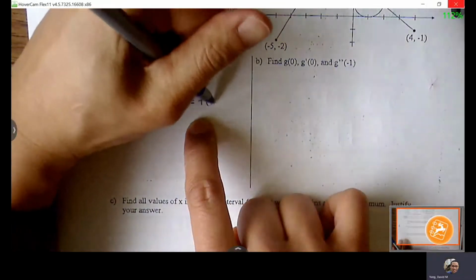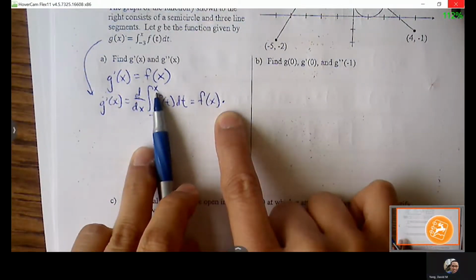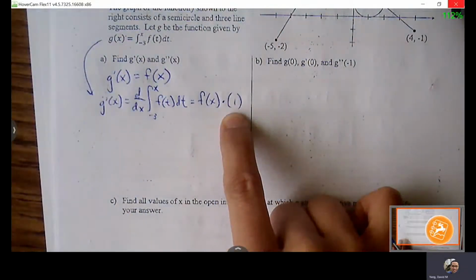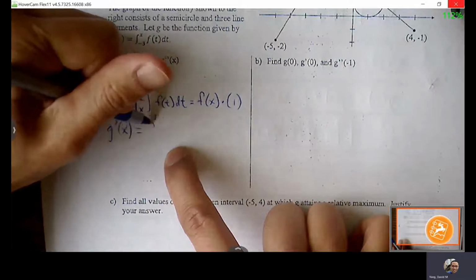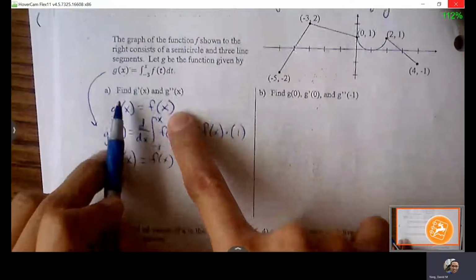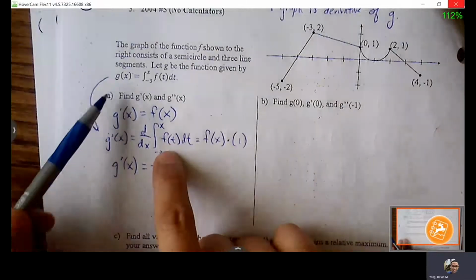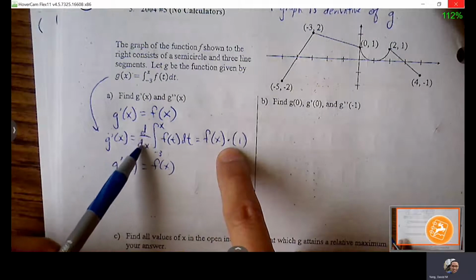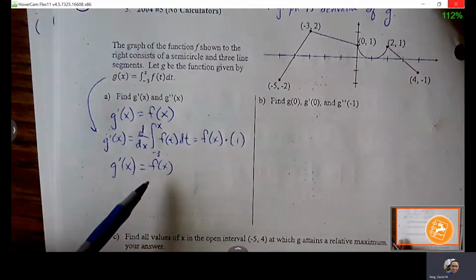So it's f of x times the upper bound's derivative, which is 1. What's f of x times 1? Just f of x. So g prime is f of x. You can either use what you know about derivatives and integrals to make this conclusion, or you can go through the second theorem and convince yourself of that as well.